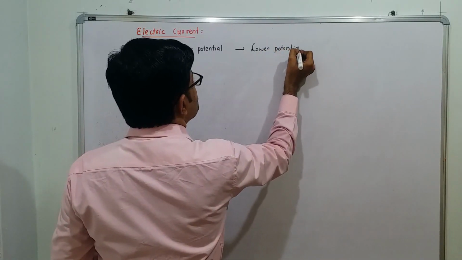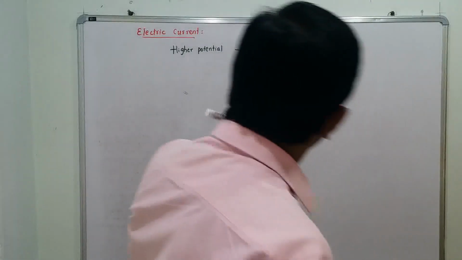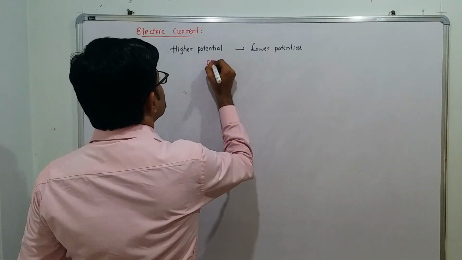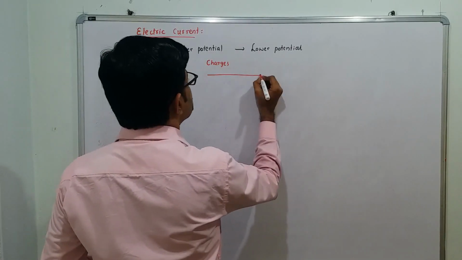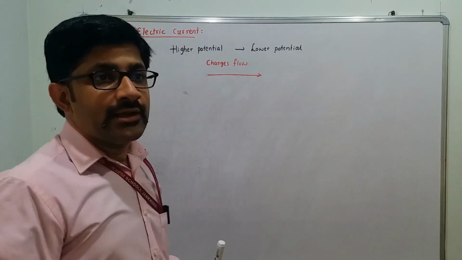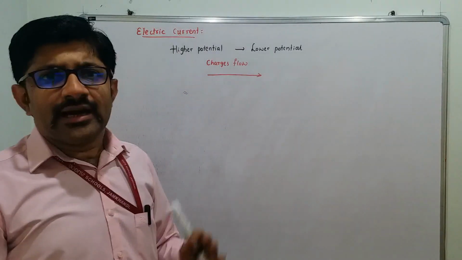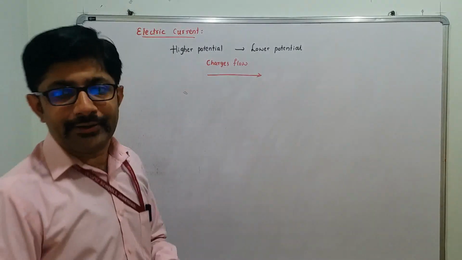So charges are going to flow from higher potential to lower potential. Now, with this understanding, let's define electric current.